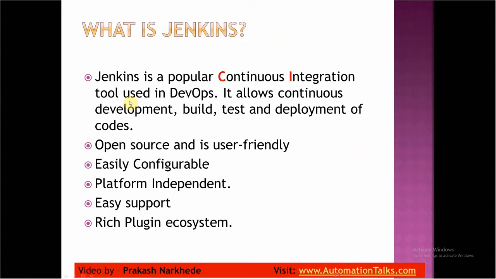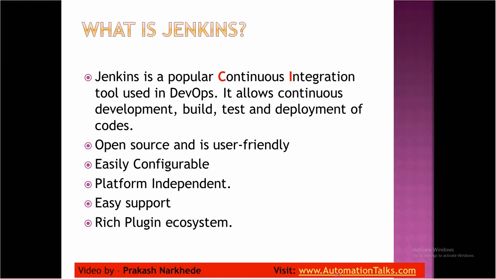Now, what is Jenkins? Jenkins is a popular continuous integration tool used in DevOps. It allows continuous development, build, test, and deployment of the code. If you remember, I talked about continuous integration, continuous delivery, continuous deployment. All those things, the whole CI/CD pipeline, is achieved by using Jenkins. It helps you to integrate many things.